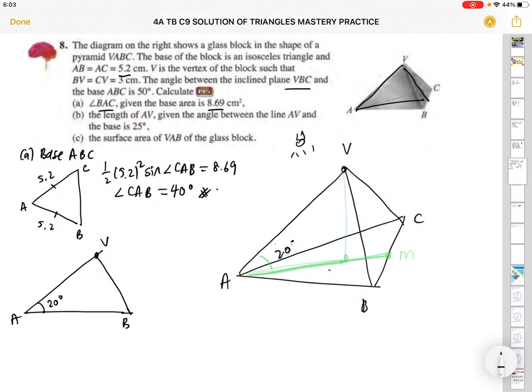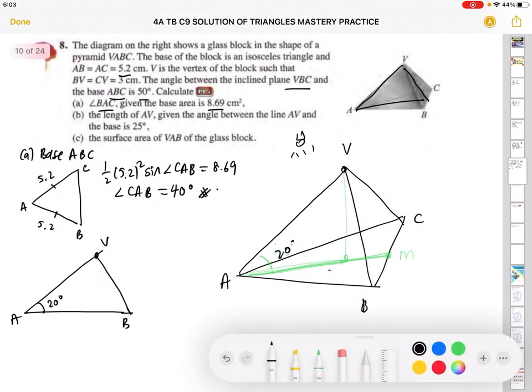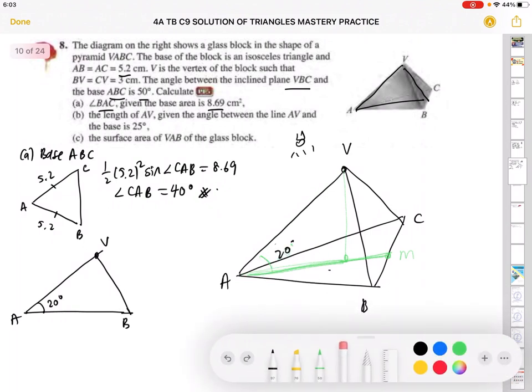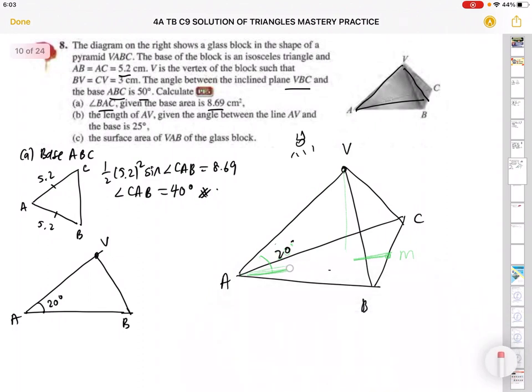Now, when it comes to the angle between two planes, again I said this earlier, you don't really have a lot of practice on angle between plane and plane, or line and plane, because it used to be in the old syllabus, so students were expected to know this. It's an SPM 2003 style question back then.